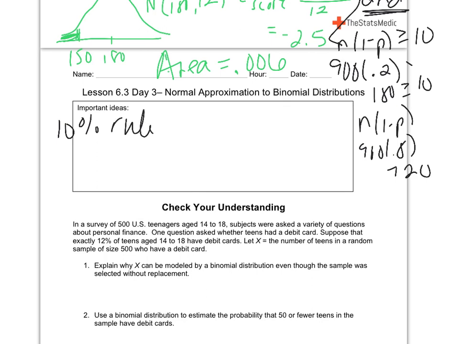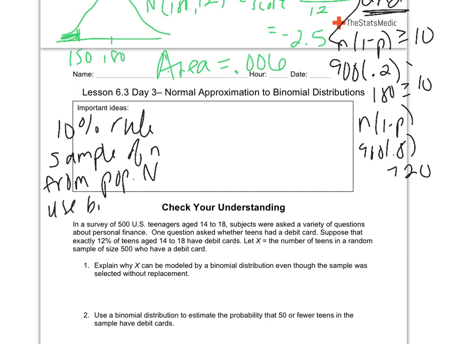The 10% rule being that if I'm taking a random sample of size n from a population of size N, I can use the binomial if my sample is less than 10%, so 0.1 times N, less than 10% of my population. And then the other big takeaway here is when we can use that normal distribution.